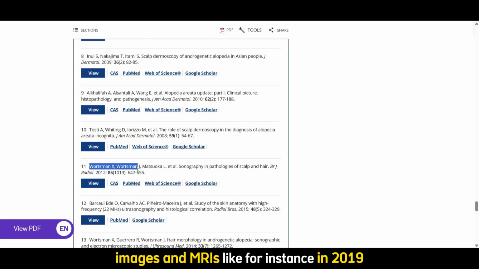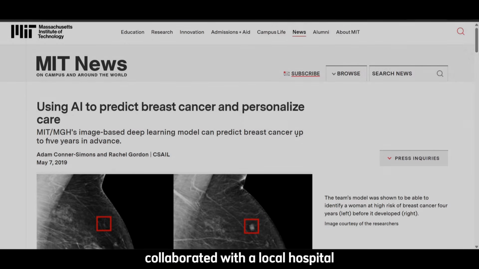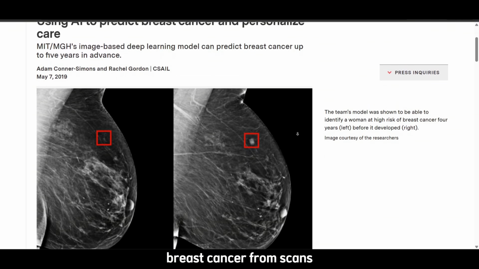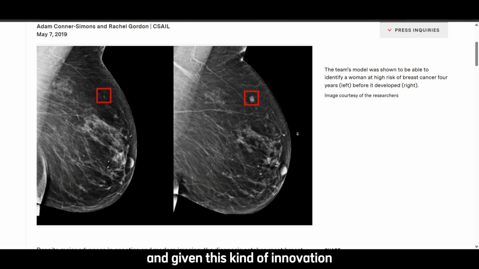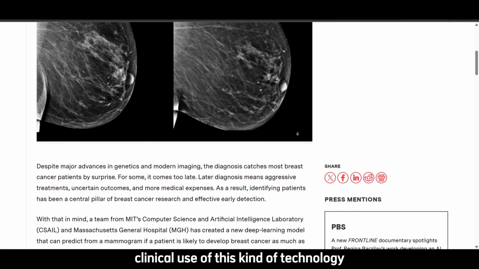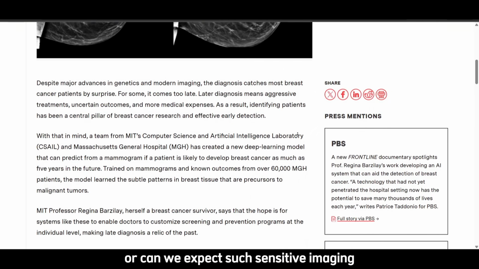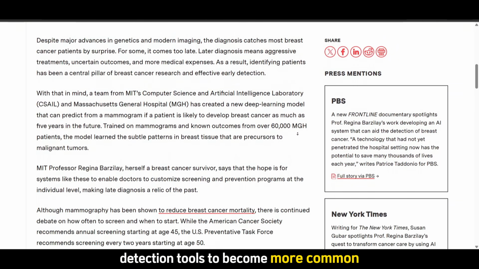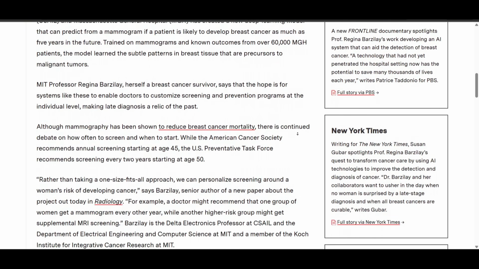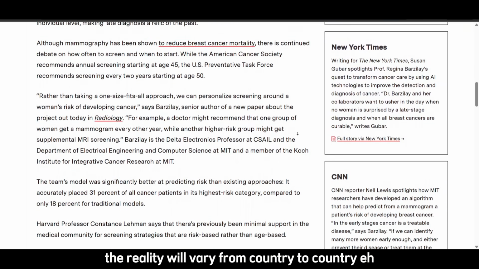Like, for instance, in 2019, the Massachusetts Institute of Technology, or MIT, collaborated with a local hospital to develop software that predicts breast cancer from scans. And given this kind of innovation, are we still decades away from widespread clinical use of this kind of technology, or can we expect such sensitive imaging detection tools to become more common, say, within the next 5 to 10 years?